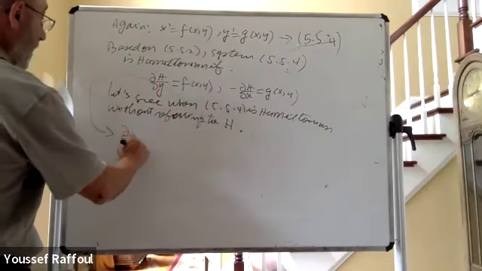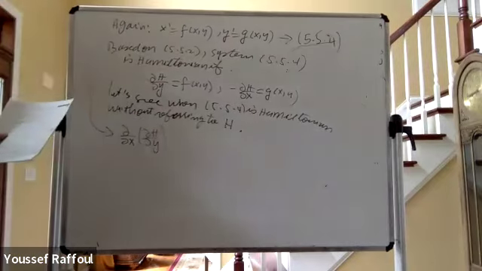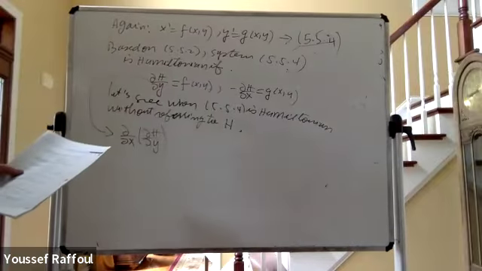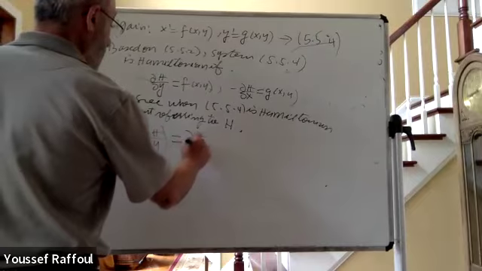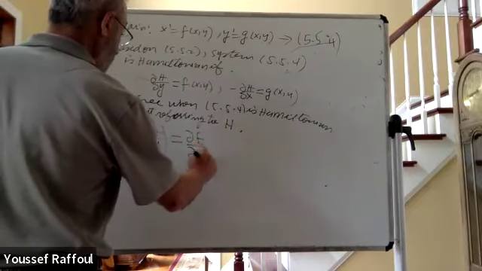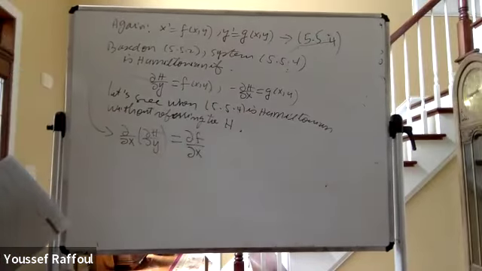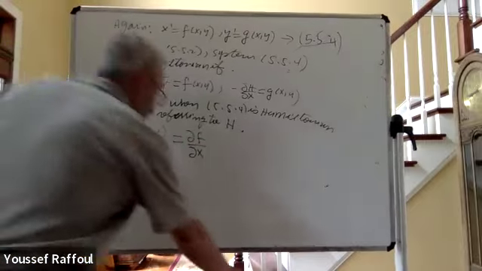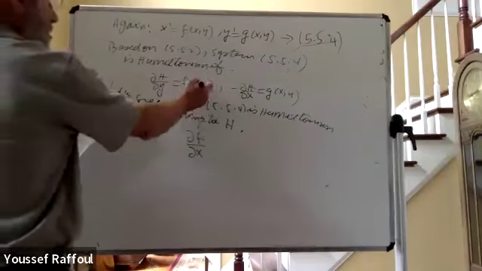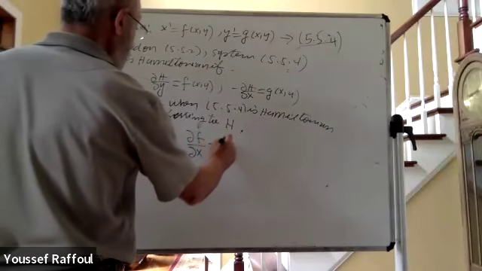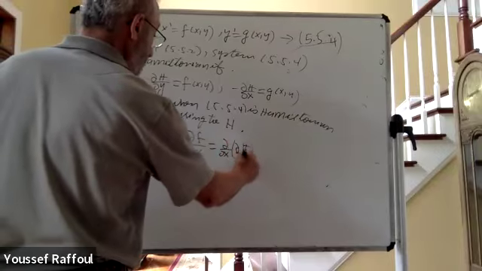What is del over del x of del H over del y? That is del f over del x. Okay, let me start instead with this. Del f over del x equal to del over del x of del H over del y.